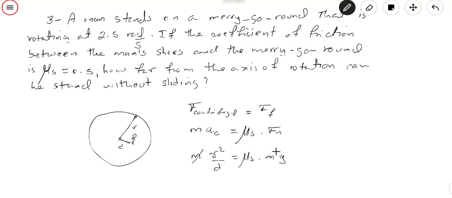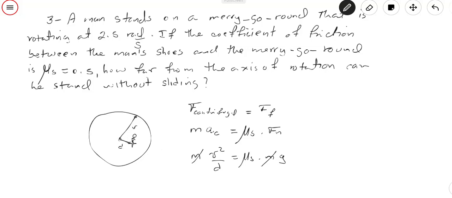So we can simplify the masses here, right? Now I know that this linear velocity is equal to the product of the angular velocity times the distance d that this person is from the center of rotation.